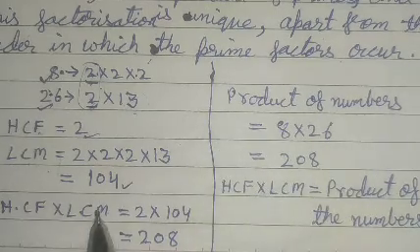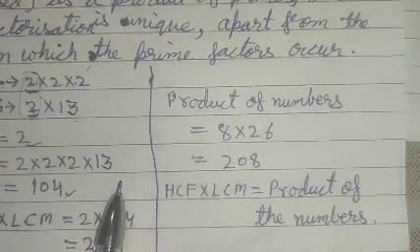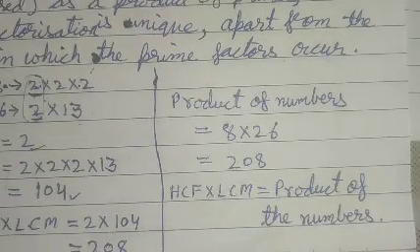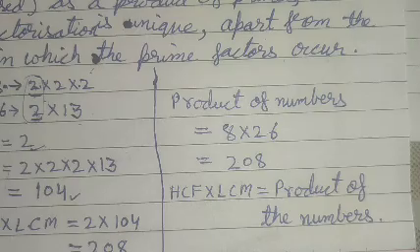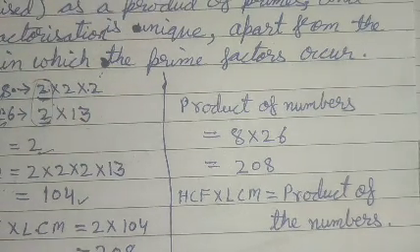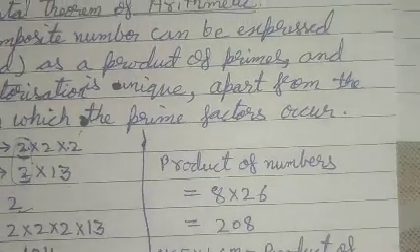Both answers are 208. So for any two numbers, the product of HCF and LCM is always equal to the product of the numbers. But always keep in mind that this criterion follows for only two numbers. If you are taking LCM and HCF of three numbers, then this criterion will not follow.